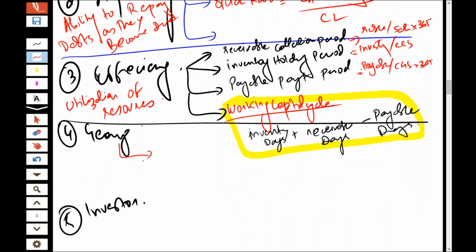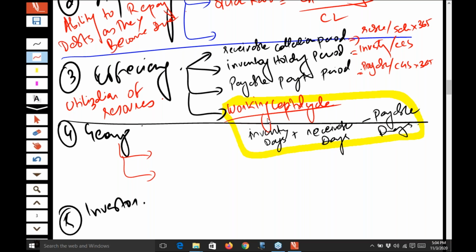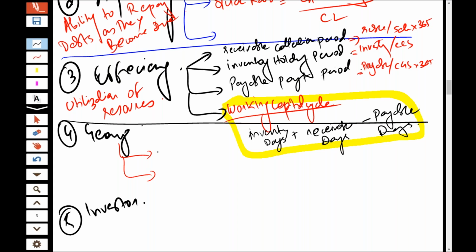Okay, can I have 2, 3 gearing ratios? We have one of them, the debt to equity ratio. We have one which is debt upon debt plus equity.